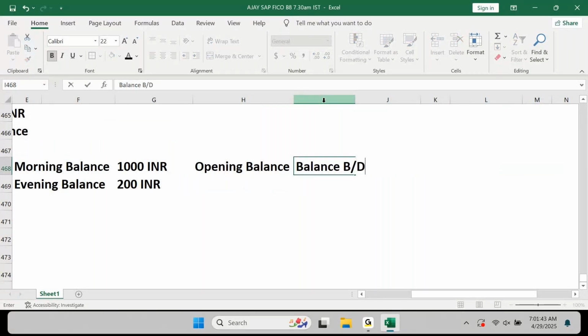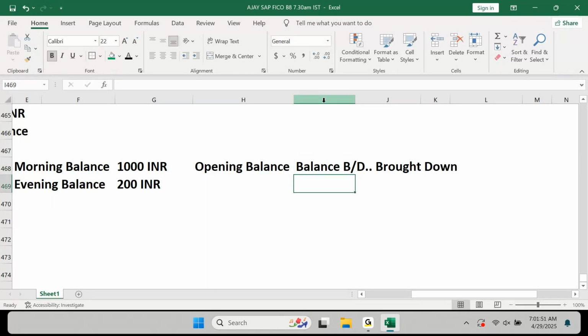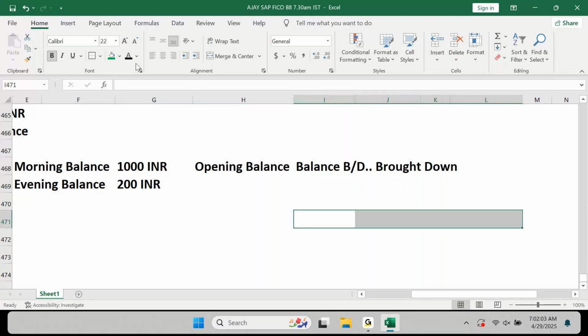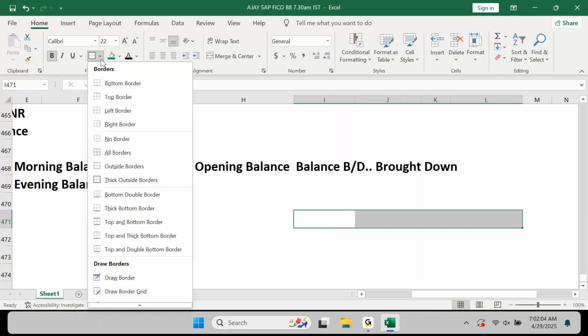BD means brought down. Something similar we came across earlier. We used to prepare a ledger account, right? With a T shape. Yes.